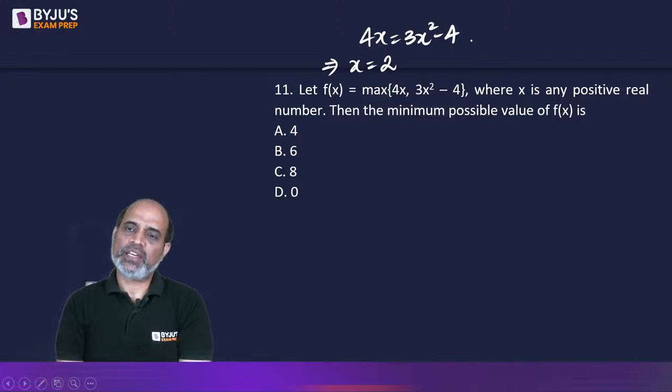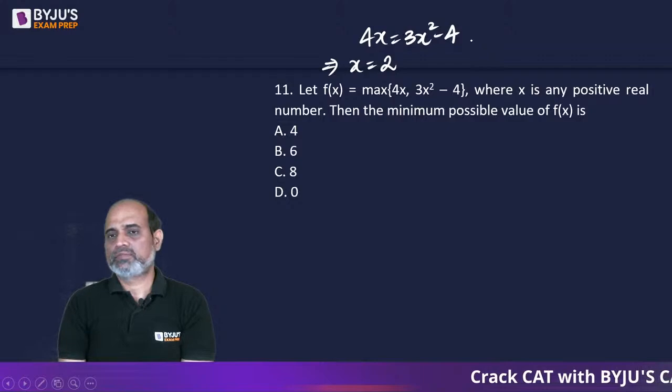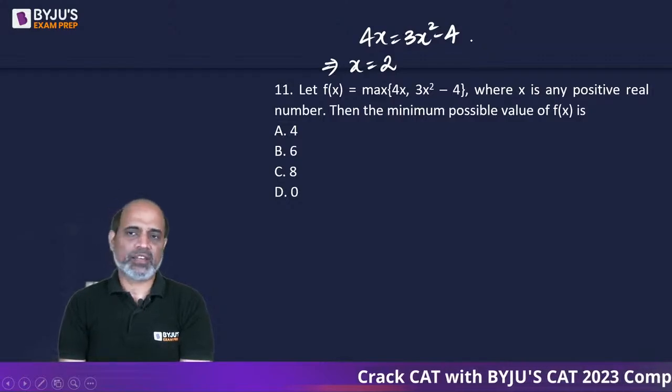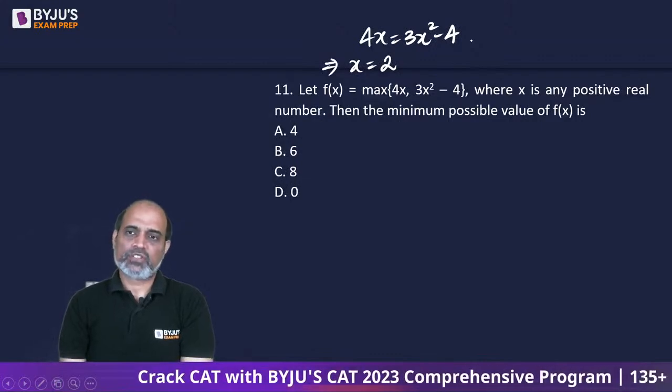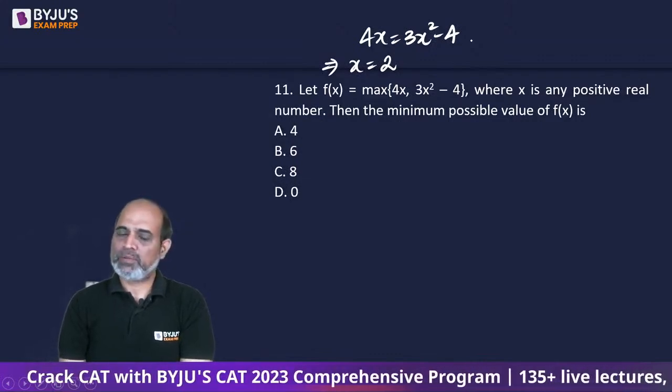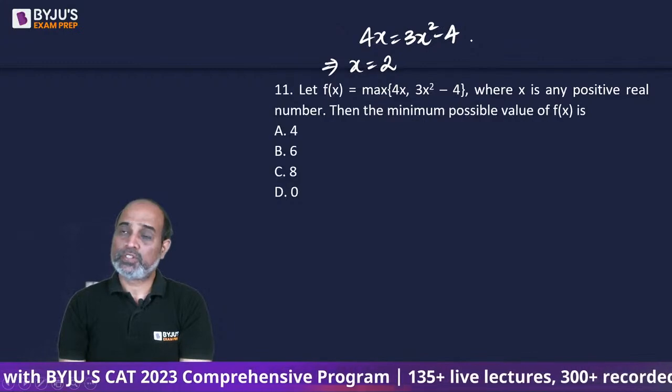So if I take 1 by 3, no. If I take 4 by 3, no. It's supposed to be negative 1 by 3 type. So if I take negative 1 by 3, I'll have 1 by 3 minus 4, which will be a lot.